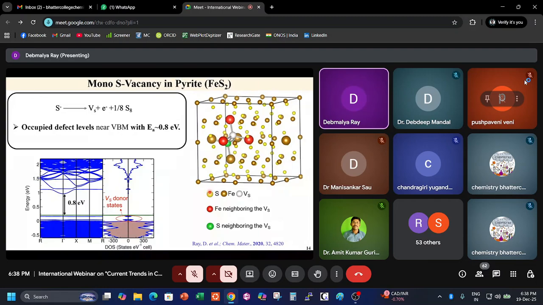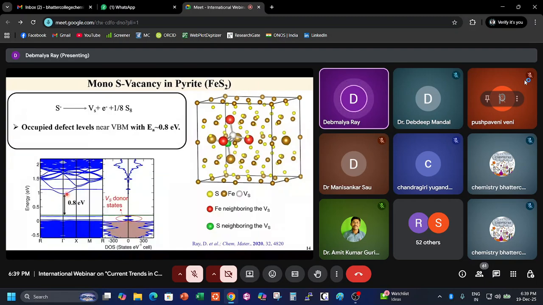First we computed the band structure and density of states, and we found that there is an occupied defect state. Whenever you see a green line, everything up to that green line is filled, and anything above the green line is unoccupied. Here you see the green line is very close to the valence band maximum, which was at 0, and this state is occupied, and it is 0.8 eV below the conduction band.